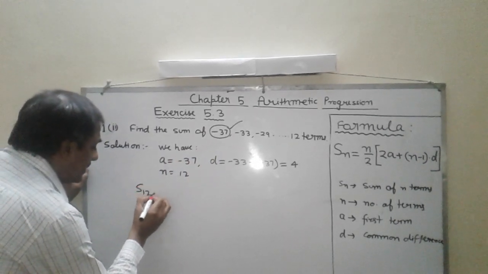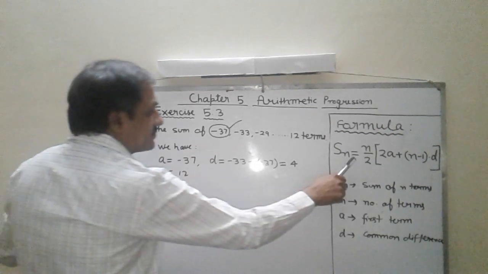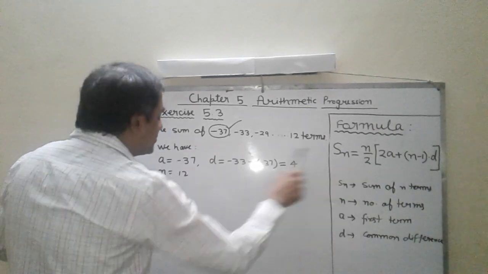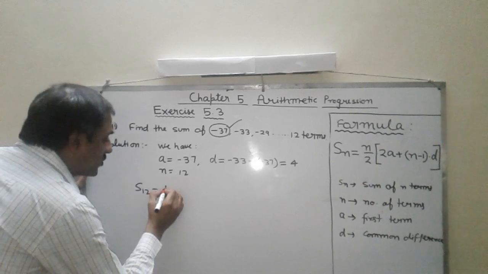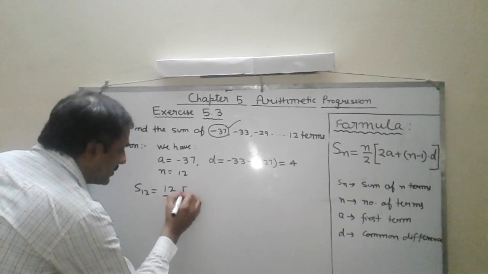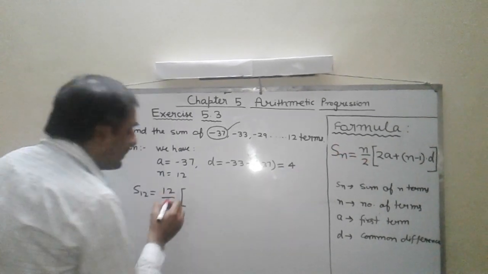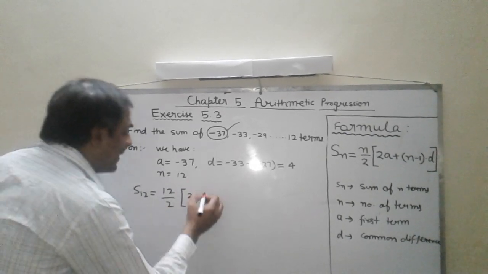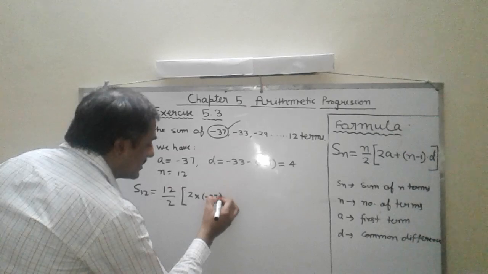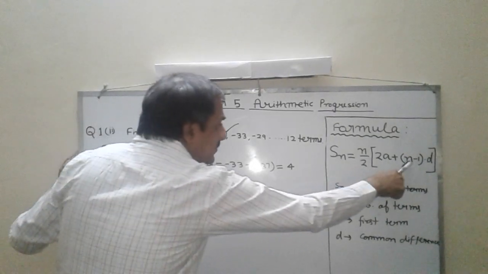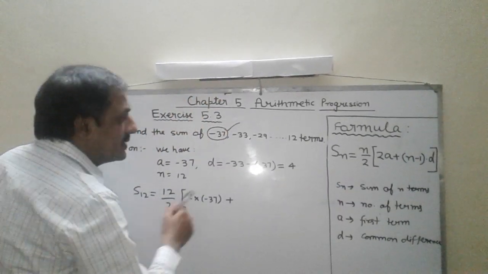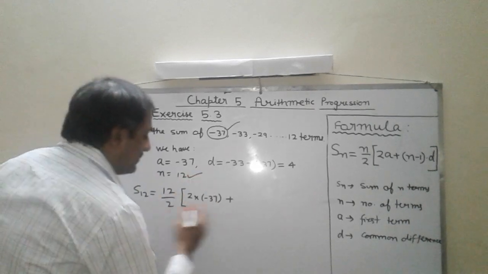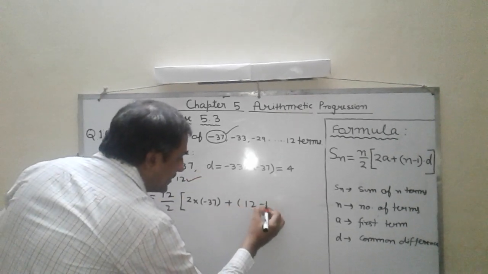Here we are using this formula. The value of n is 12. S12 is equal to 12 by 2, n by 2 means 12 by 2, into 2 into a. The value of a is minus 37, plus n minus 1, and the value of n is 12, so 12 minus 1, into d.